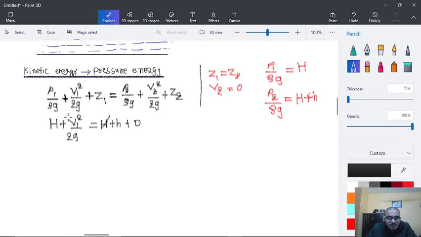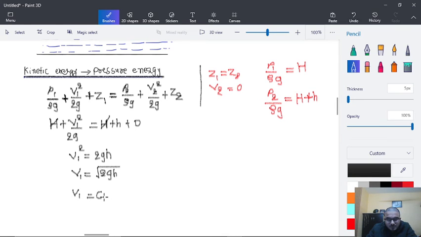So h will get cancelled here, and we will be left with V1 square is equal to 2gh. So V1 is equal to square root of 2gh. And to consider the losses which are present here we will introduce one factor.